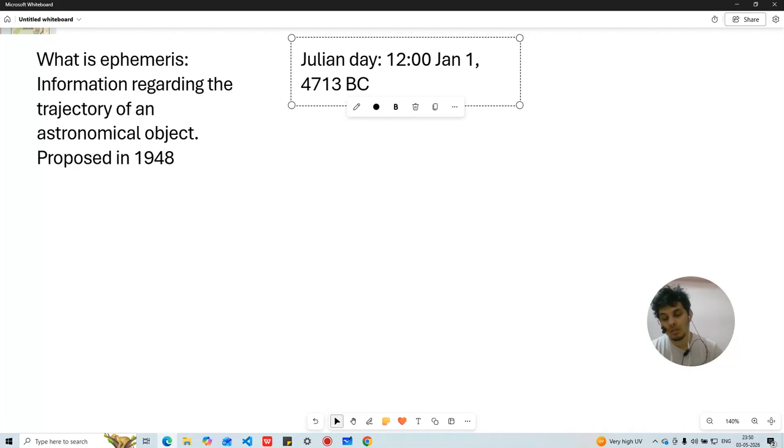The Julian period is a long time cycle created so that three repeating calendar cycles line up again at the same time.